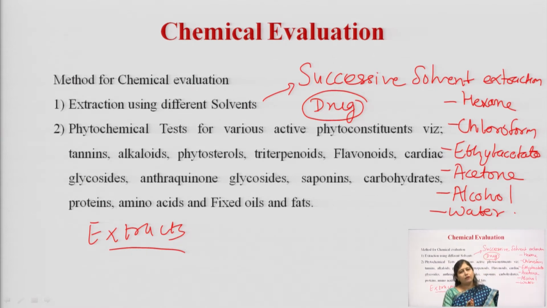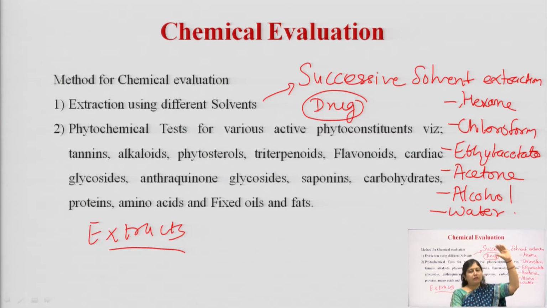So, we use different types of solvents. With one drug we will first do the extraction with hexane, then the remaining drug will be extracted with chloroform, then ethyl acetate, then acetone, then alcohol and finally water.